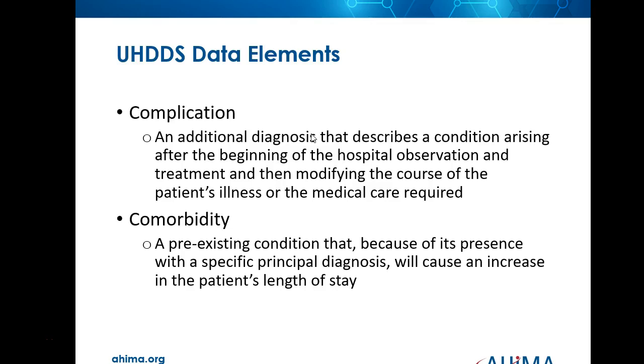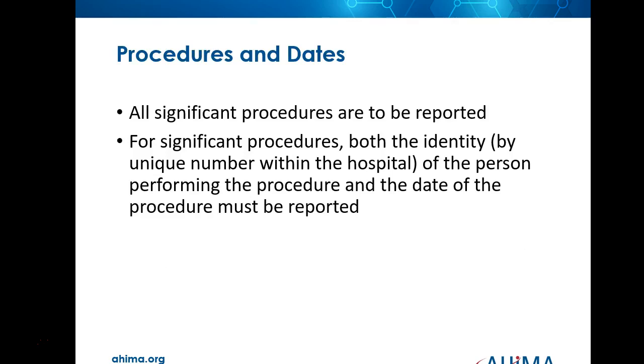A complication is an additional diagnosis that describes a condition that arose after the patient was admitted and modifies the course of the treatment. A comorbidity is something that already existed, but because of its presence with the specific principal diagnosis, causes an increase in the patient's length of stay.